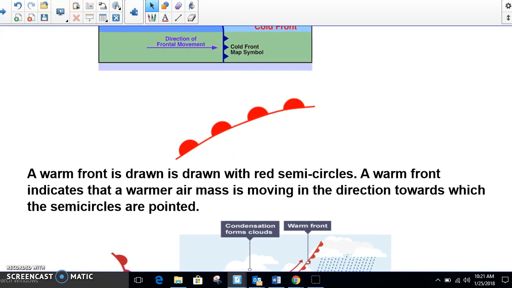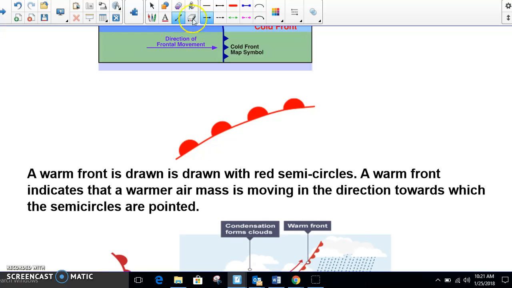Now let's go to the warm front. The warm front is drawn with red semicircles. So warm is signified in red. And a warm front indicates that a warmer air mass is moving in the direction towards where the semicircles are pointed.